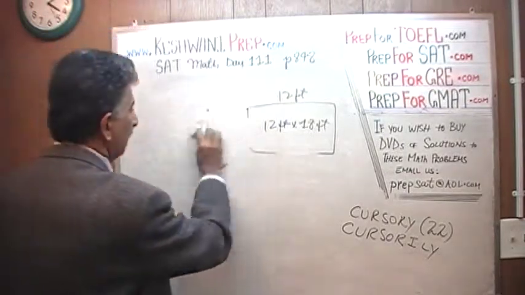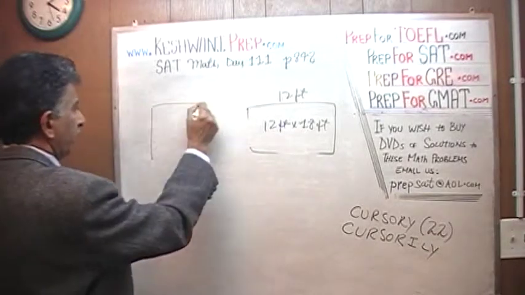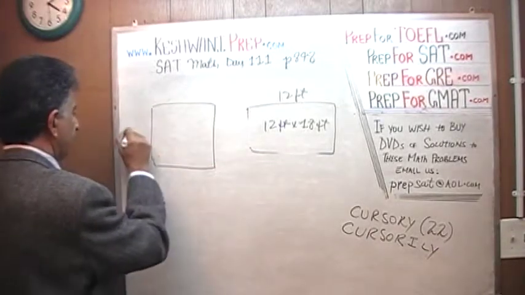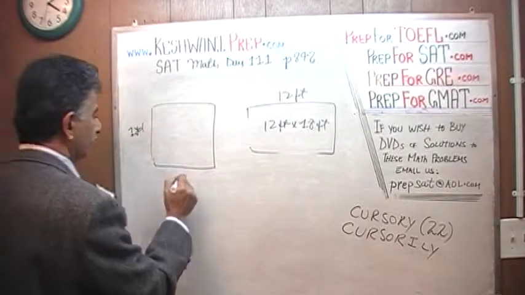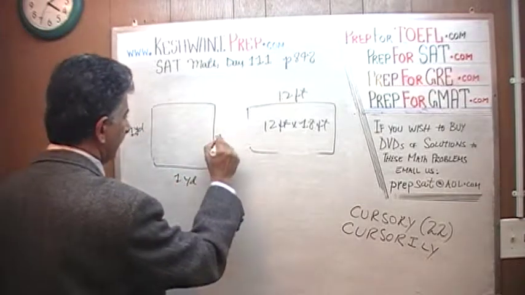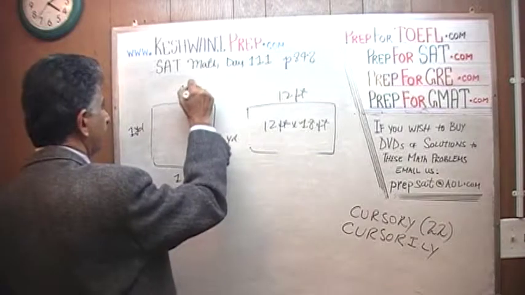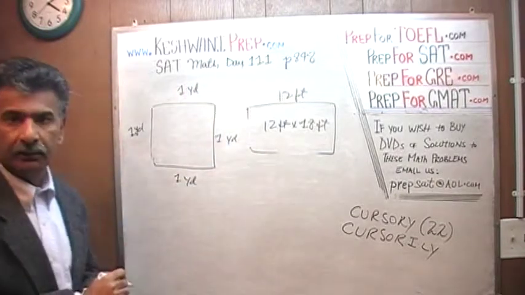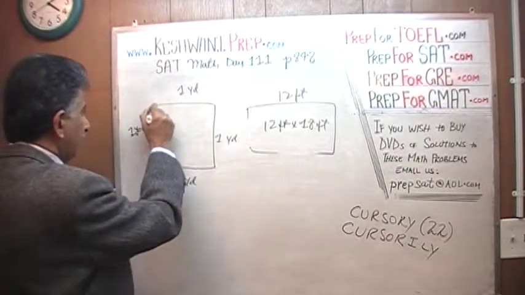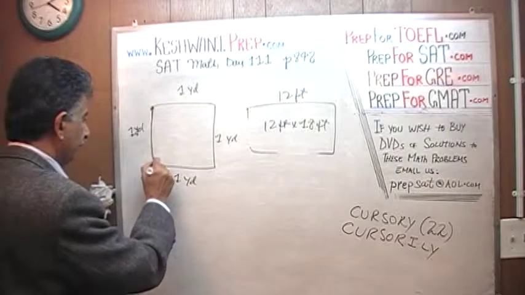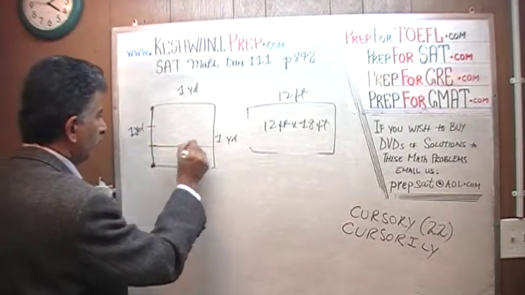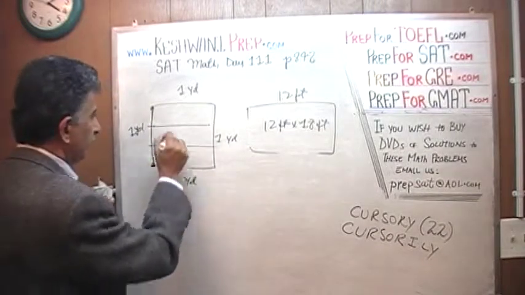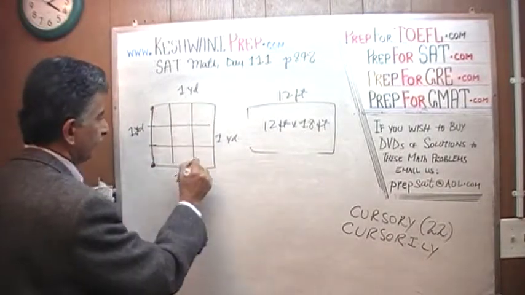Watch here. I'm going to draw a square yard. There you go. This is 1 yard, and this is 1 yard. It's 1 square yard. A yard from here to here is made up of 3 feet. There you go, 1, 2, and 3. Similarly, the other side is made up of 3 feet right here.